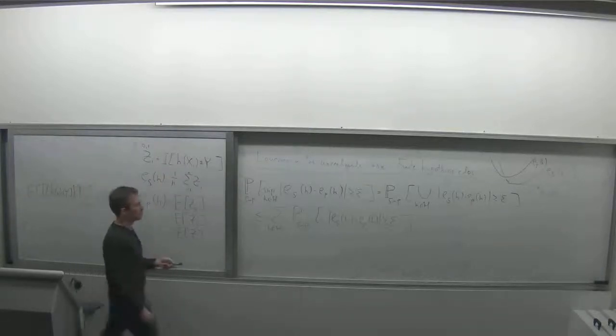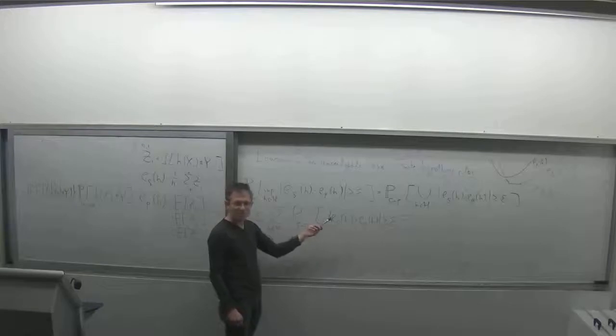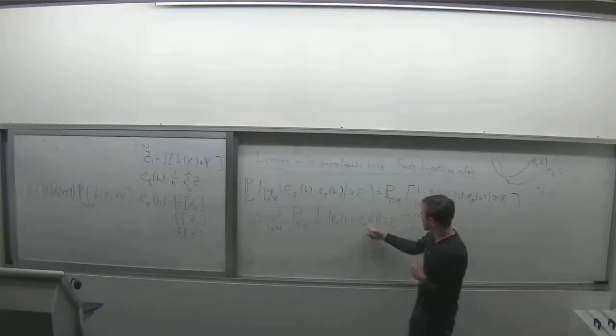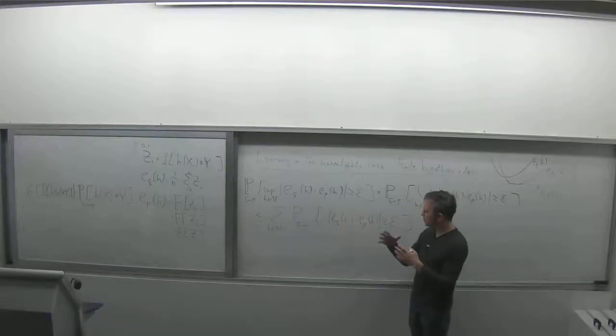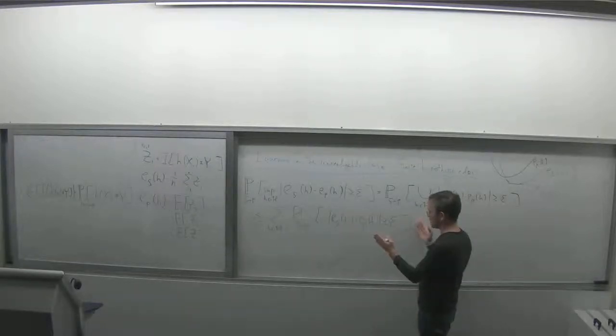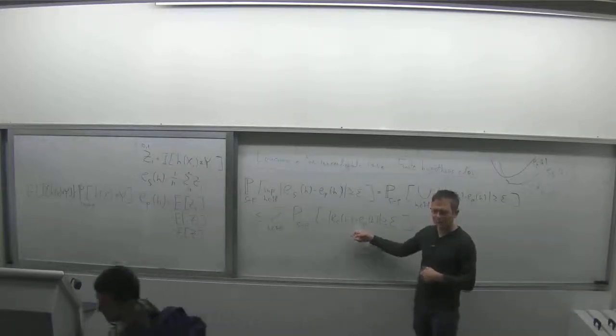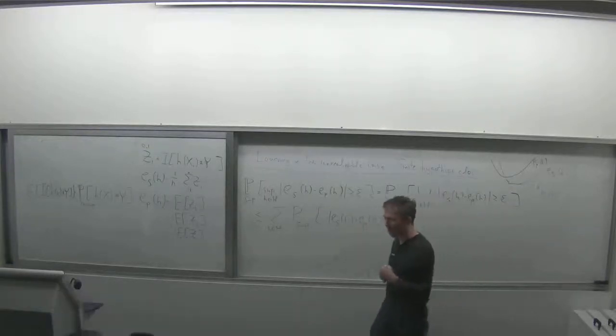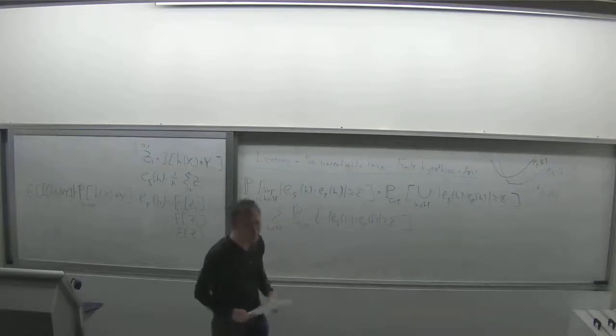So what am I looking at here? This is the probability that, for a Bernoulli variable with expected value E_P(h), its empirical average will be more than epsilon different from its expected value. So what do you know that I can use here? Hoeffding inequality.